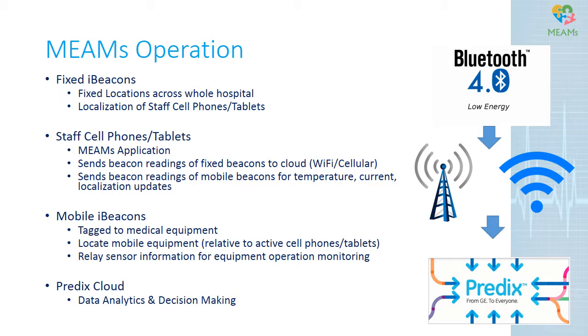The next component of the proposed solution is the cell phones and tablets. As I said, this is what holds the MEMS application, but it also sends the beacon readings of fixed beacons towards the cloud through Wi-Fi or cellular. It can also send the beacon readings of mobile beacons for temperature, current, and localization updates from equipment, which leads us to the mobile iBeacons. The mobile iBeacons are the beacons attached or tagged to the medical equipment, and their job is to find the location of this mobile equipment.